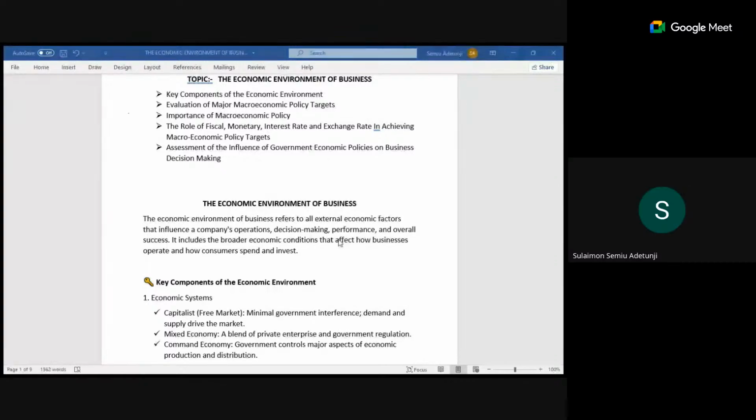Someone is asking that you throw more light on the difference between monetary policy and fiscal policy. Fiscal policy is the kind of policy the government makes to regulate tax and inflation in the system, while monetary policy is what the CBN uses to regulate the total money in circulation and determine the credit rate within the banking sector.